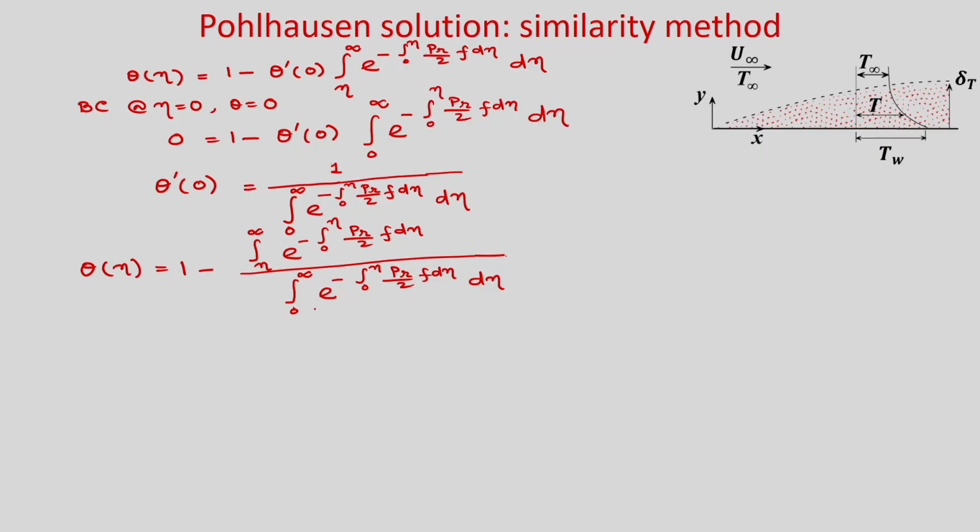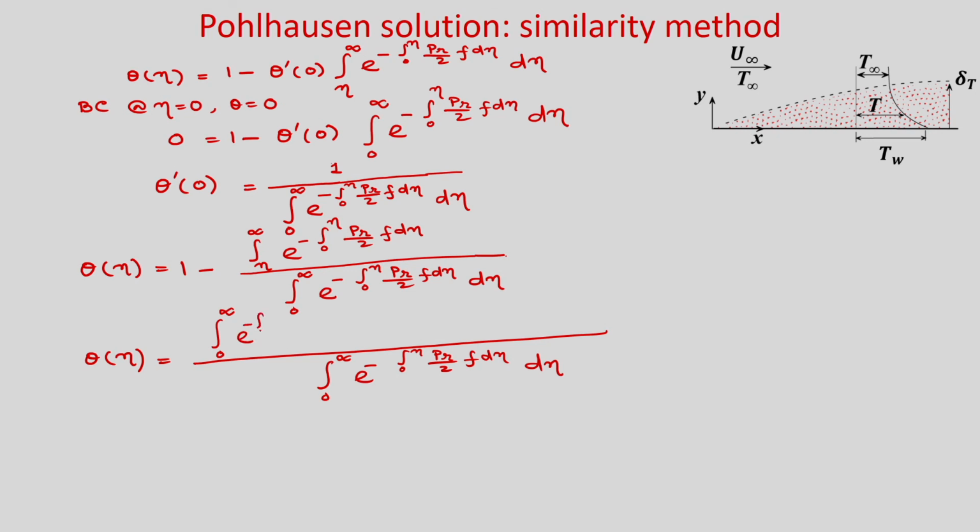So, in this equation now you can see that if you write theta eta, so it will be the integral from 0 to infinity of e to the power minus the integral from 0 to eta of Prandtl number by 2 f d eta, d eta, minus the integral from eta to infinity of e to the power minus the integral from 0 to eta of Prandtl number by 2 f d eta.